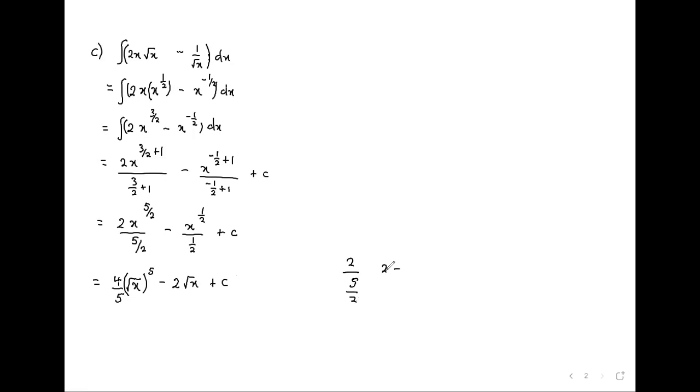So the 2 on top, we can write this as, change it to multiplication, which is 4/5. Is it okay? Yes, sir. Okay. That's how the solution comes out.